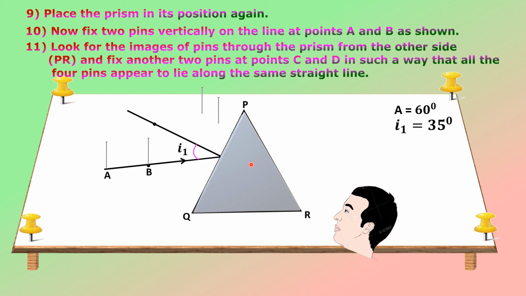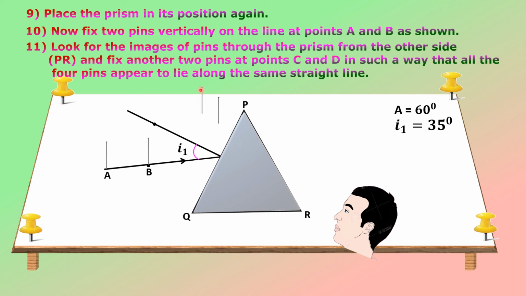Now we have to fix two more pins along the same straight line. This is very important. So we have to fix another two pins at points C and D somewhere here in such a way that all the four pins appear to lie along the same straight line.